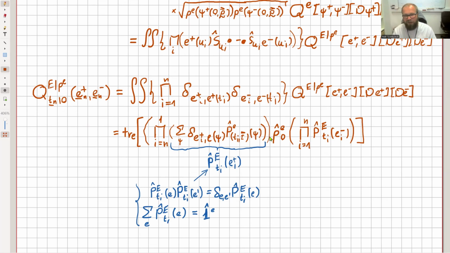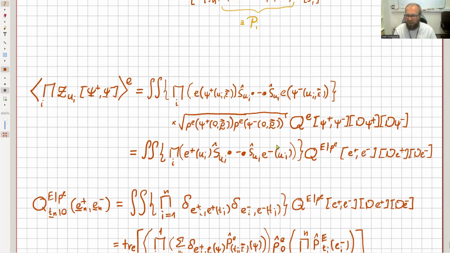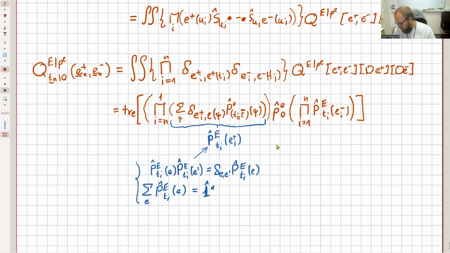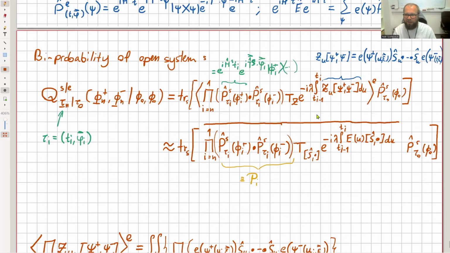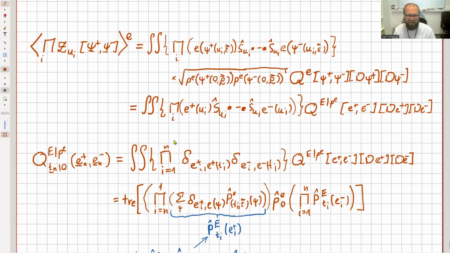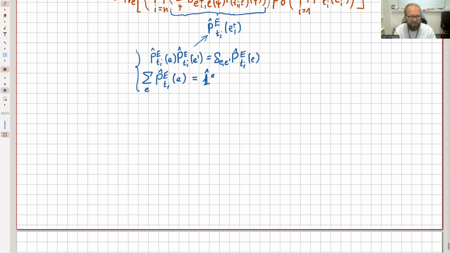So once we do this change of variables, now we can use it to transform the argument of this trace.